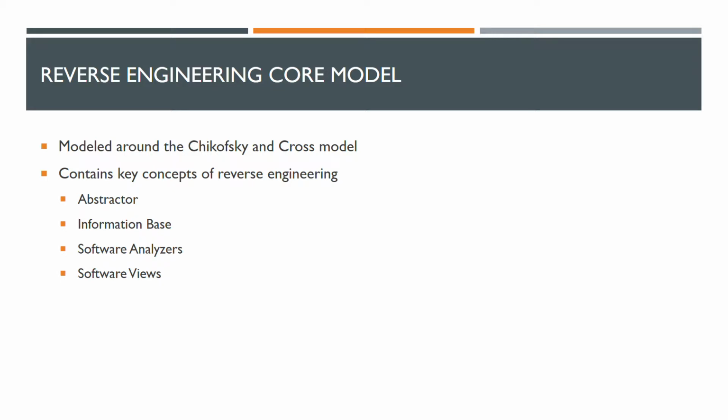As I mentioned before, the model that the authors of the paper created is modeled around the Chikofsky and Cross model, as you saw in the previous slide, and it contains key concepts of reverse engineering that they discuss. They talk about an abstractor, an information base, and software analyzers.